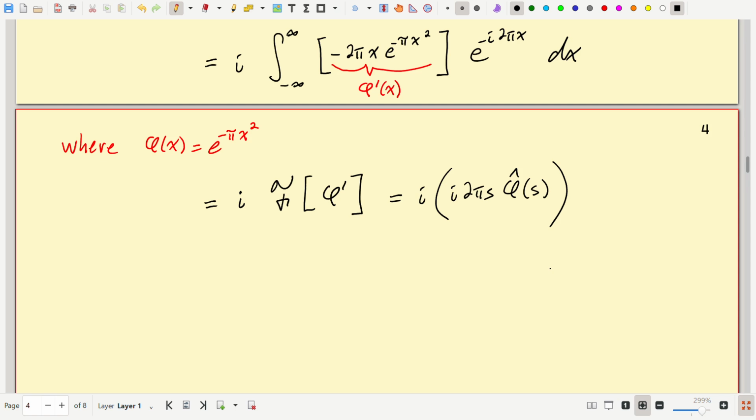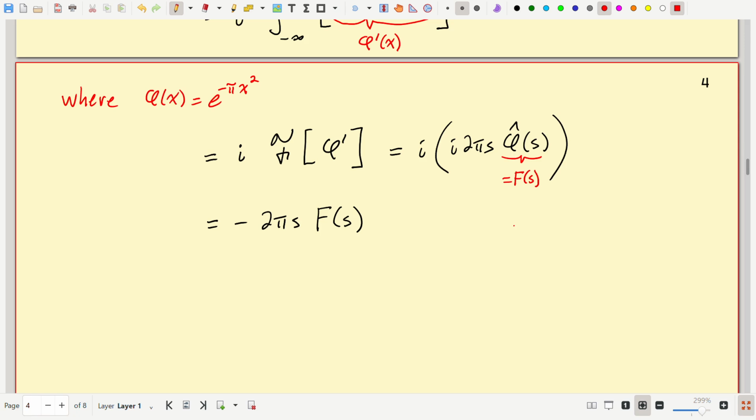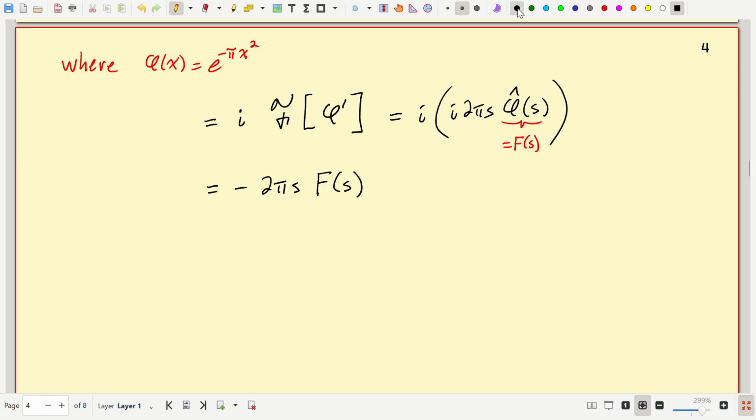So what do I get? I get minus 2 pi s, and that phi hat of s is my Fourier transform, f of s. So that's all there is to getting the ODE. And now I'll solve the ODE using Math 262, and that'll determine what f is.